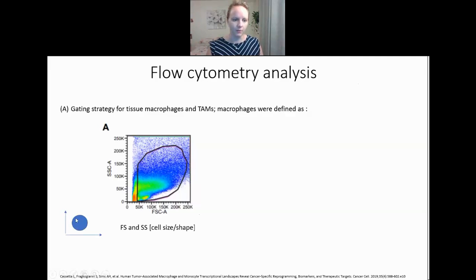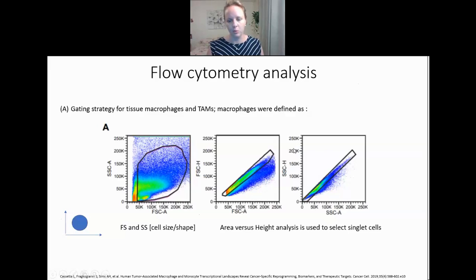So if you've got forward scatter on one axis and side scatter on another, a round cell is going to be the same size, right? Arbitrary level 1 and 1, it should sit in the middle. So that's your main population.